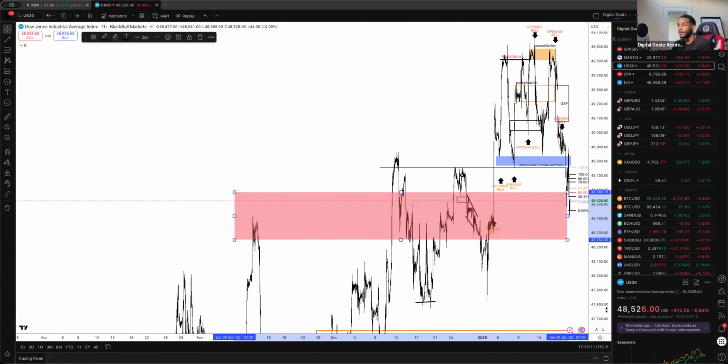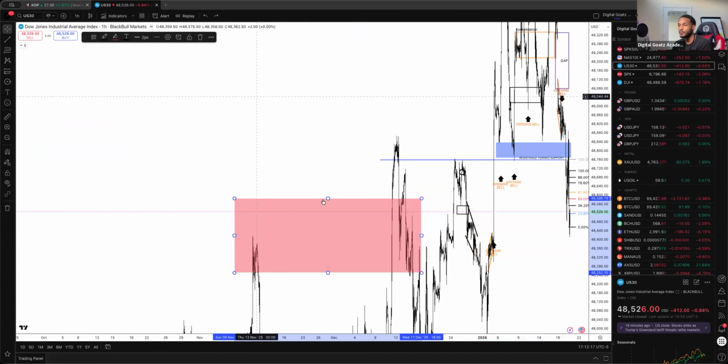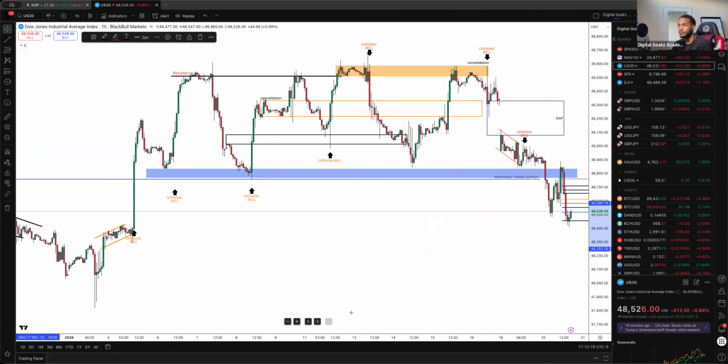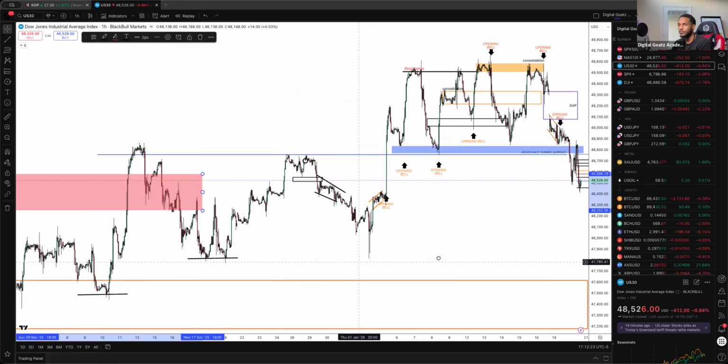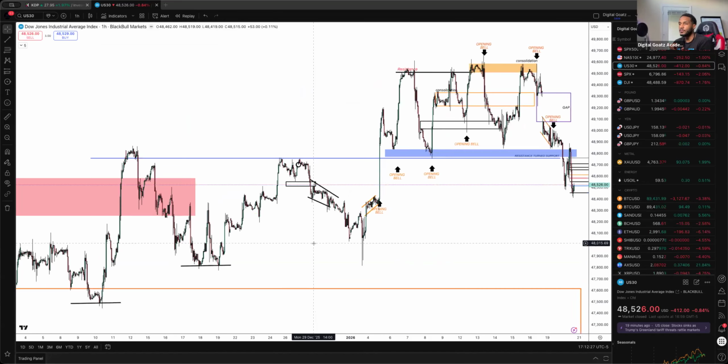Why do I have that there? I don't know why I have that there, actually. I mean, that's resistance, but I think that we're going deeper, especially since we have this major level of consolidation.